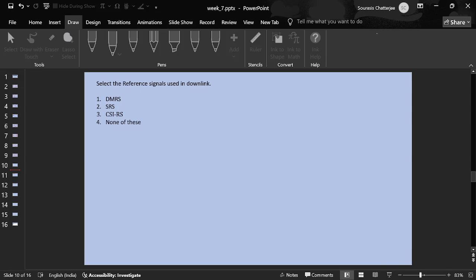What is the purpose of CSI-RS then? Channel estimation and MCS. So CSI-RS is transmitted by the base station, you are saying. And what is the purpose?